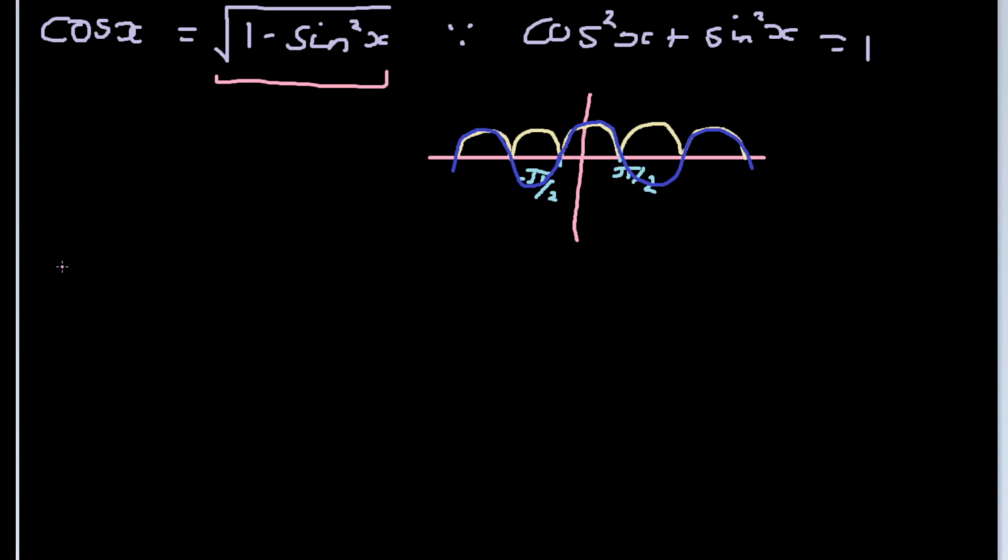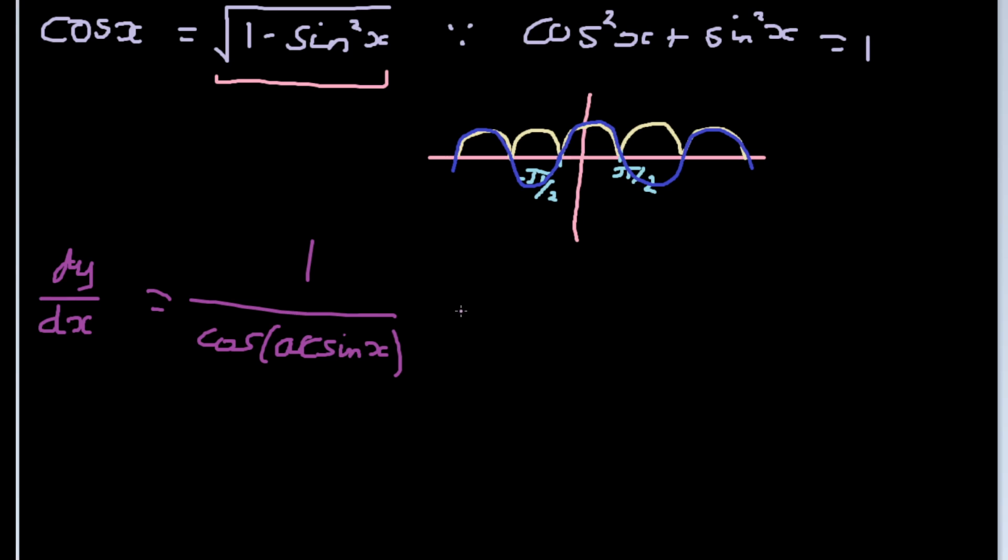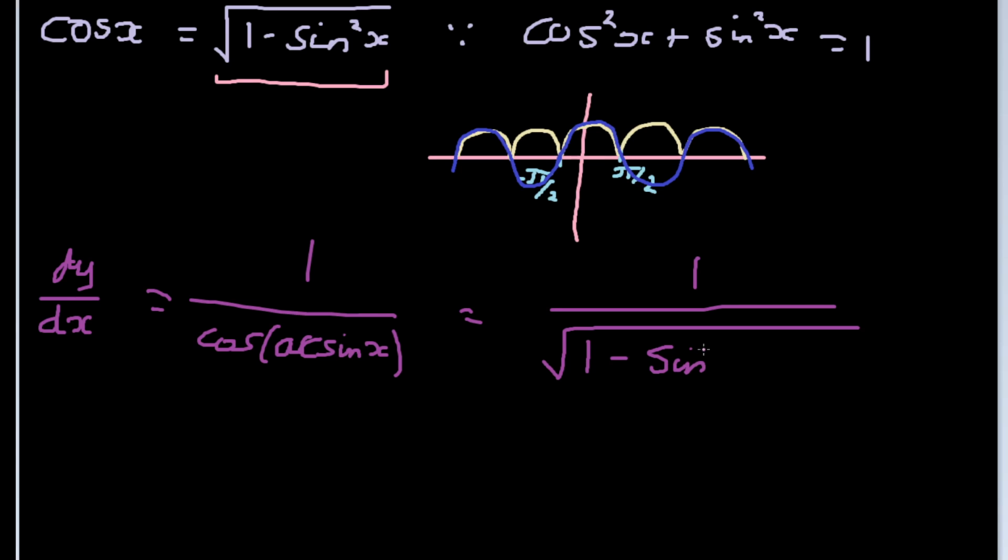So we get that dy by dx is equal to 1 over cosine arcsine x, which is 1 over the square root of 1 minus sine squared arcsine x.